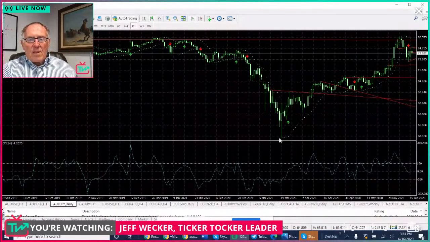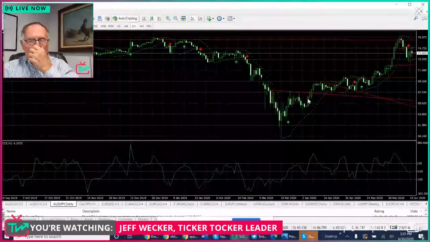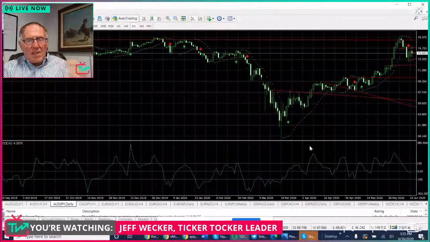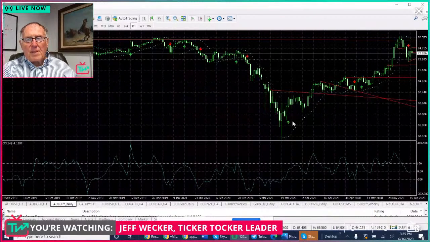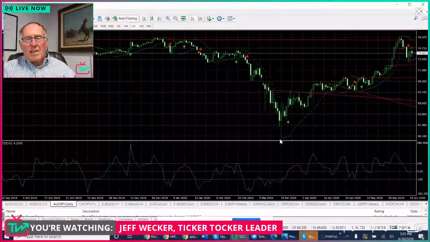And once we do get all the stops, then we're free to reverse and continue to the upside. So that's the third thing we see. One was the flip in the dots from down to up. The other was the divergence. The third thing was the long wick, telling us they're taking out all the stops.